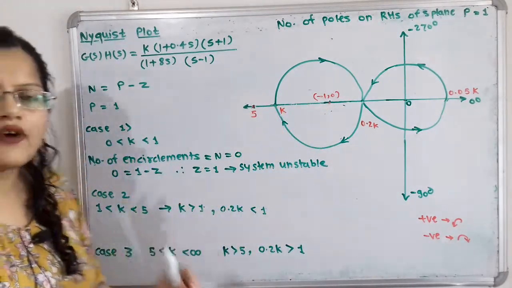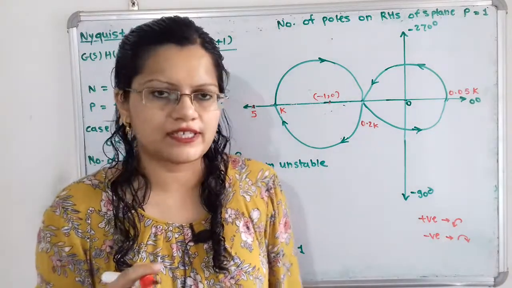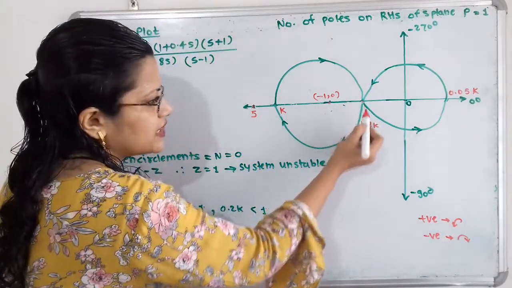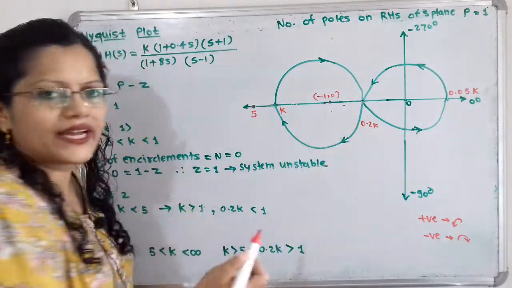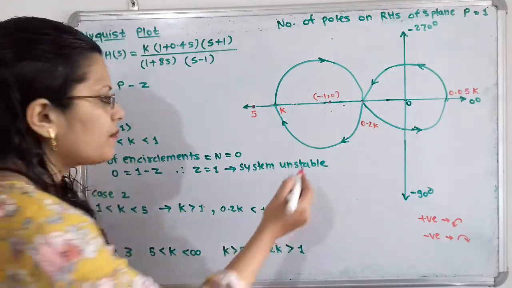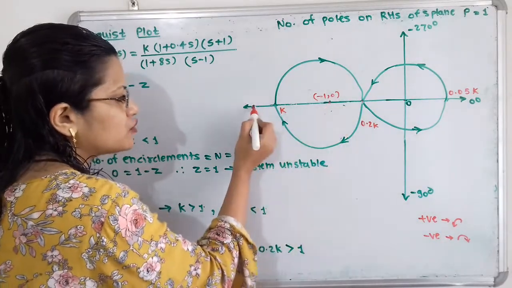Then we will find out the location of point of intersection. So this is the point of intersection, that is 0.2K. So for this 0.2K, how to decide? So maximum range of K is 5.